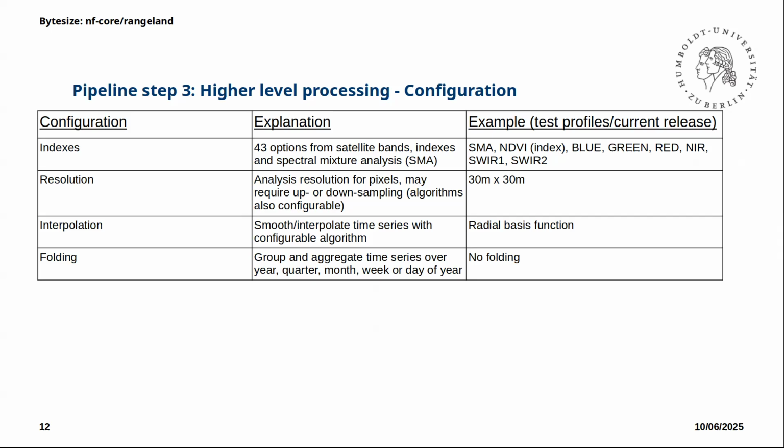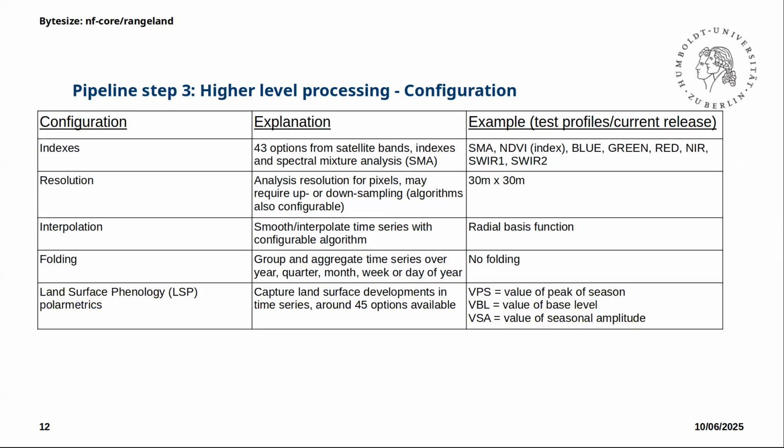Okay, so you have the folding where you can basically specify if you want to group and aggregate the data for a certain time frame, for years, quarters, months, days of the week. And we have the land surface phenology polar metrics. This is kind of the primary analysis technique here, where we take this time series and apply certain mathematical operations to derive what Earth observation people will call polar metrics.